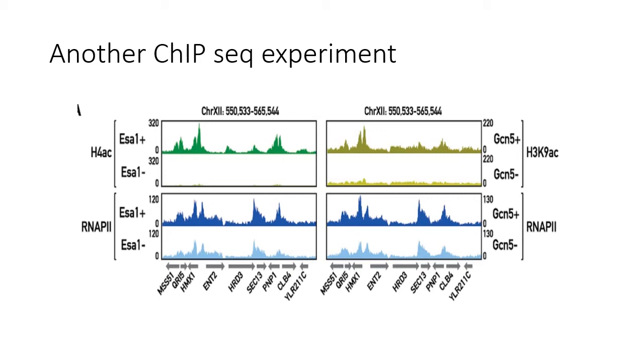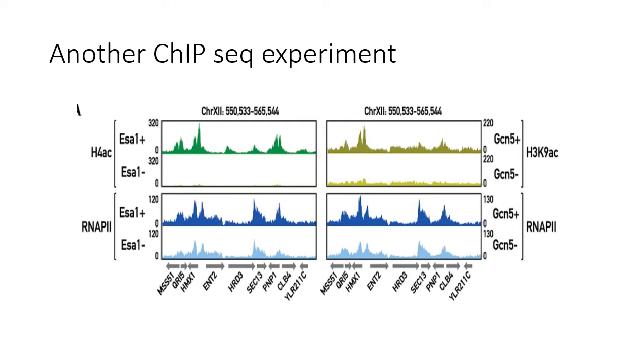There are some regions that don't have very much, but some regions that have quite a lot. But in the ESA1 mutant, those peaks have disappeared. So that tells us that in this region of the chromosome, the ESA1 mutant is unable to acetylate histone H4, which we expected.